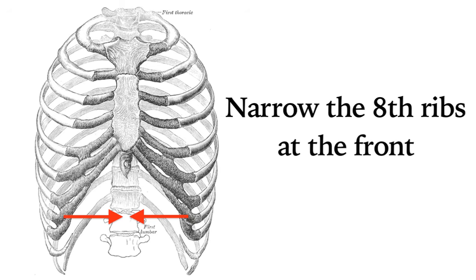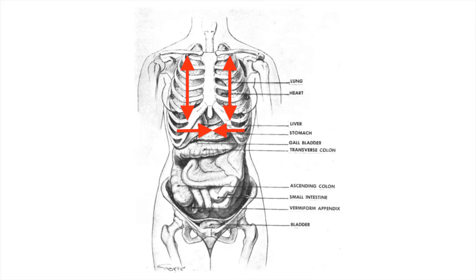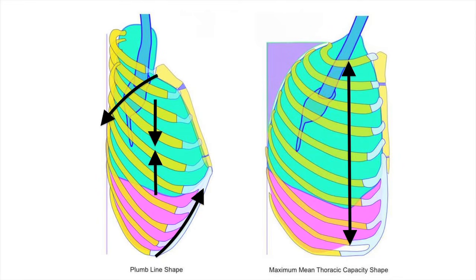Not only will this counteract the habitual over-widening, but by narrowing the lower end of the ribcage, where there is no danger of restricting the expansion of the thorax that's needed for breathing, you will make it more possible to lengthen the ribcage top to bottom. Coordinating these movements together will increase the distance between your ribs and increase the overall capacity of your thorax.